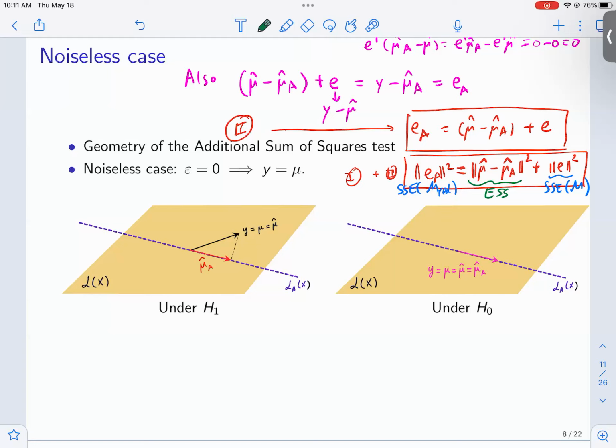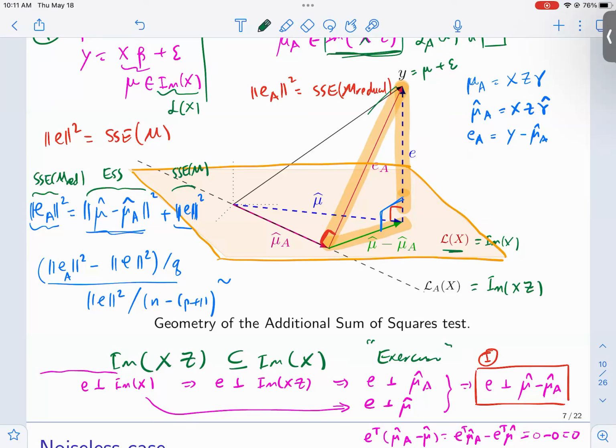So once you understand what is going on, you can do the noiseless case and verify that this test you're doing, basically comparing these two, is reasonable. Because even in the noiseless case, if the null is true, then all of these would be zero. If the null is not true, then this is going to be non-zero, and I can tell the difference. So the difference of the errors under the null and under the alternative is different, even if there's no noise, because of this extra component, because of this triangle here.